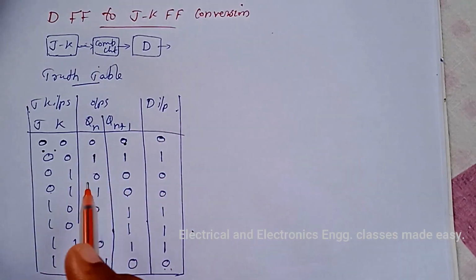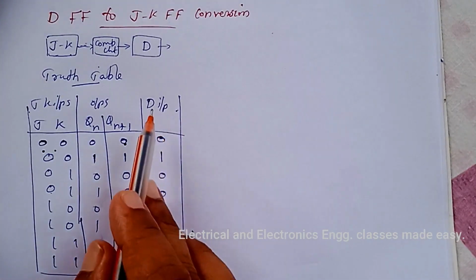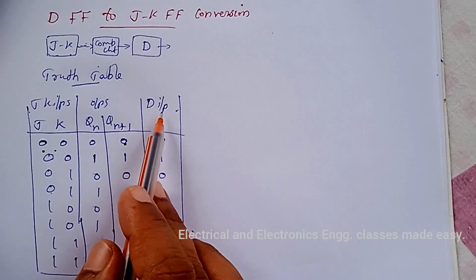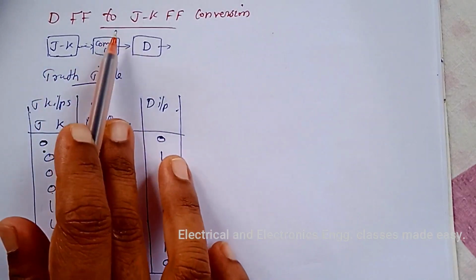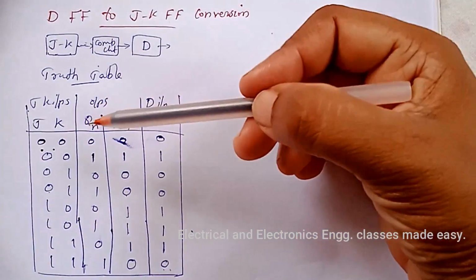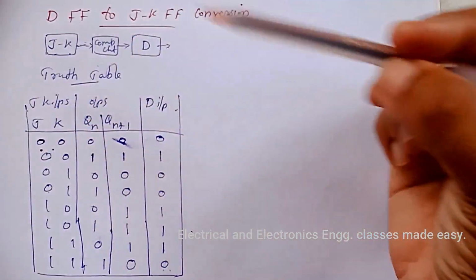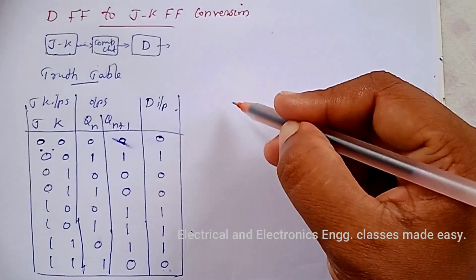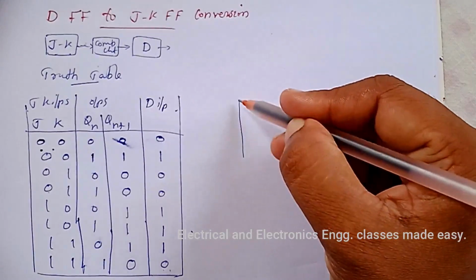Now we have to design for this D, that is D in terms of J, K and Qn. So here there are 3 variables. So a 3 variable K map we have to draw.